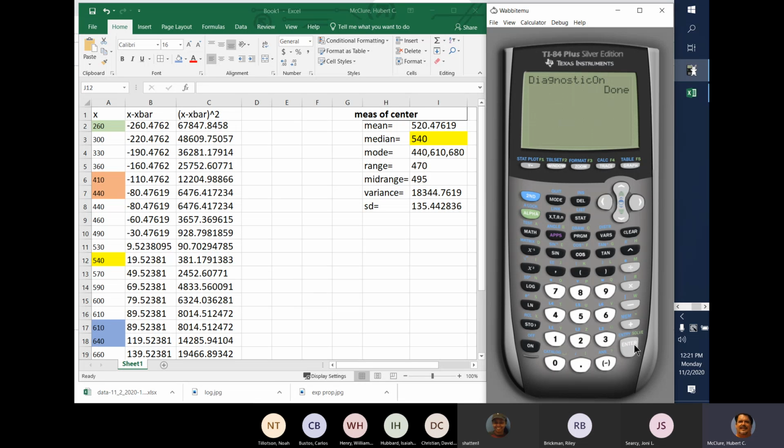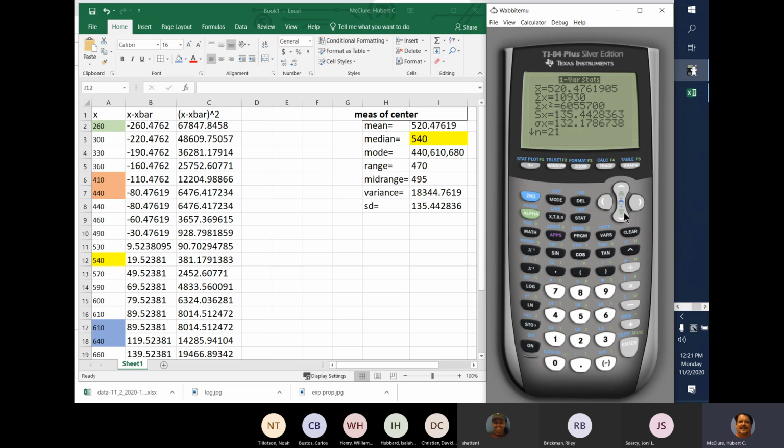That turns on everything that you're capable of doing on your screen. Now, type in stat, calculate, first variable statistic, L1, calculate. And there you go.